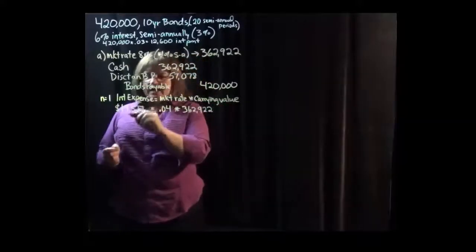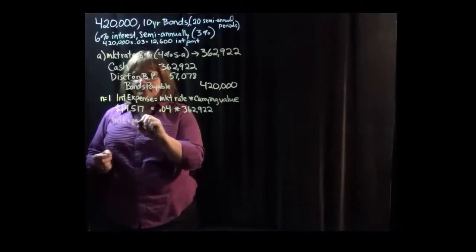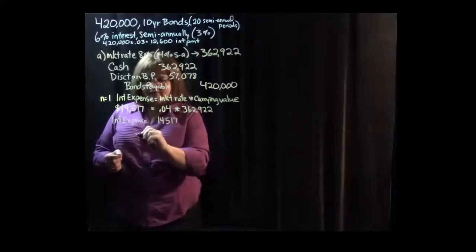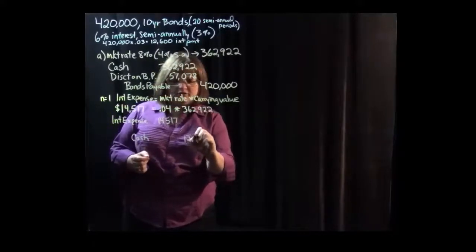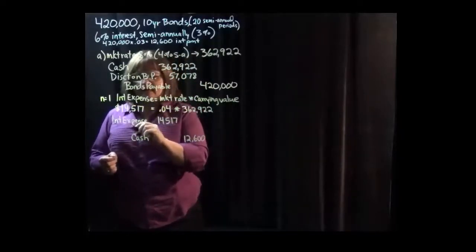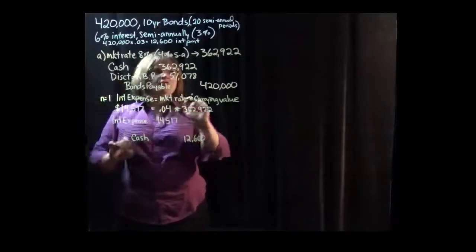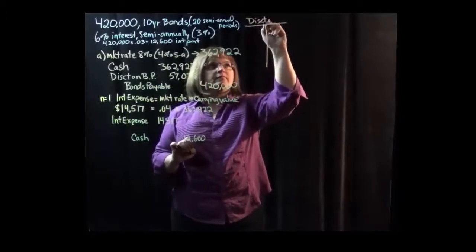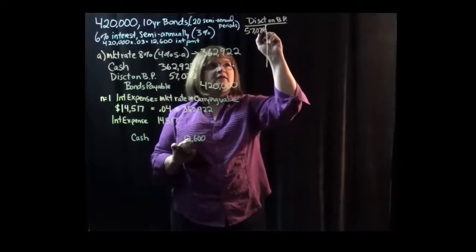The journal entry we would make to record that interest expense, then, we would debit interest expense for that amount, but we would only have to pay, and therefore we would only credit cash for the actual interest payment amount, which is $12,600. The difference then will be the amortization of this discount. So the discount, notice it started out with a debit balance of $57,078.